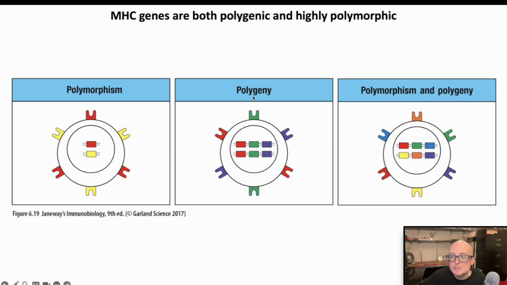Polygeny, meaning multiple copies of the same gene. So here we have these MHC molecules, and this cell is showing that it is expressing multiple copies of the MHC gene. So there's a red copy which itself has two alleles, there's a green copy which has two alleles, and a blue copy.